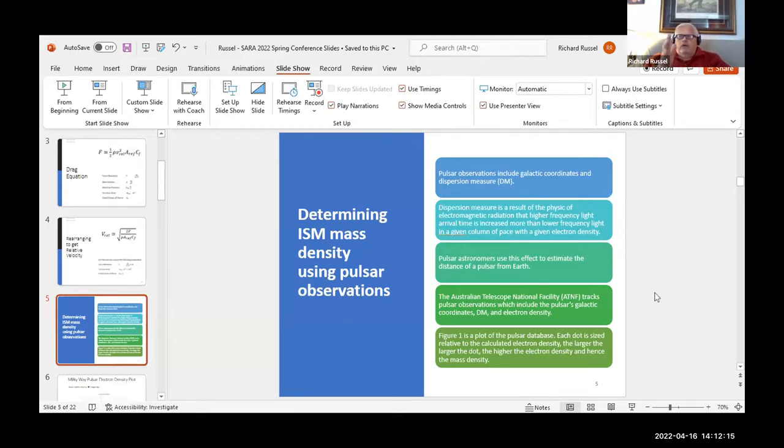It's straight up the Y-axis. And what you'll see here is that I made this a density plot where all the pulsars are plotted from their galactic coordinates from the center of the galaxy, and the little bubbles are based on how dense the density was when I plotted it.